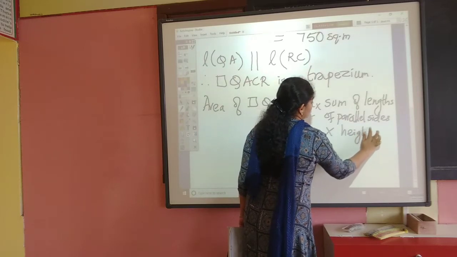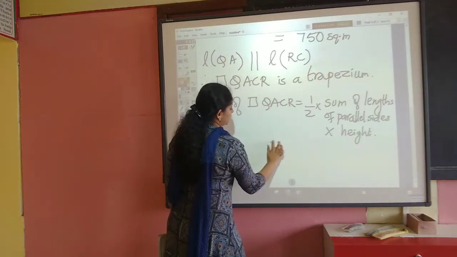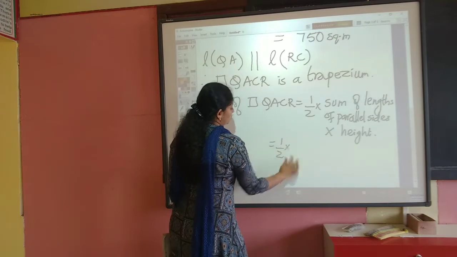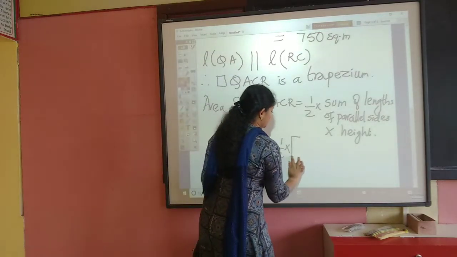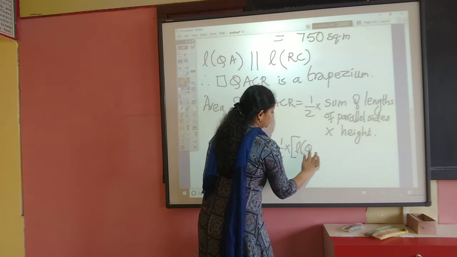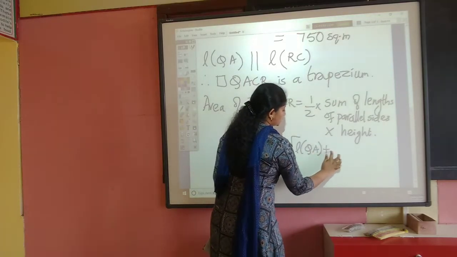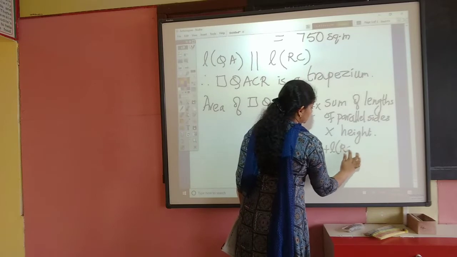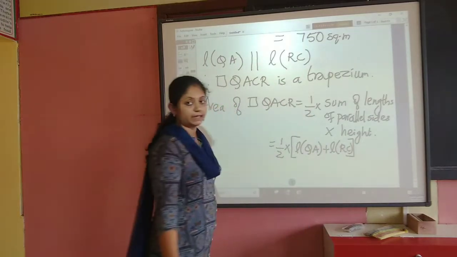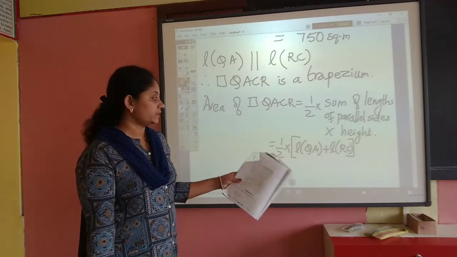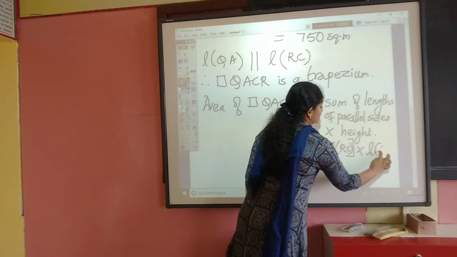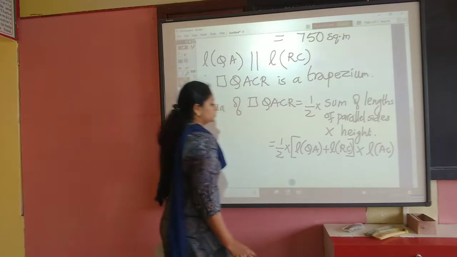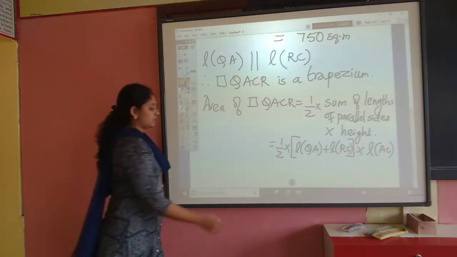Okay, so substitute, first write which are the length there, half into sum of the length of parallel sides. So it is nothing but length QA plus length RC, close the bracket, and then into height. What is the height? Length AC. This is the height.